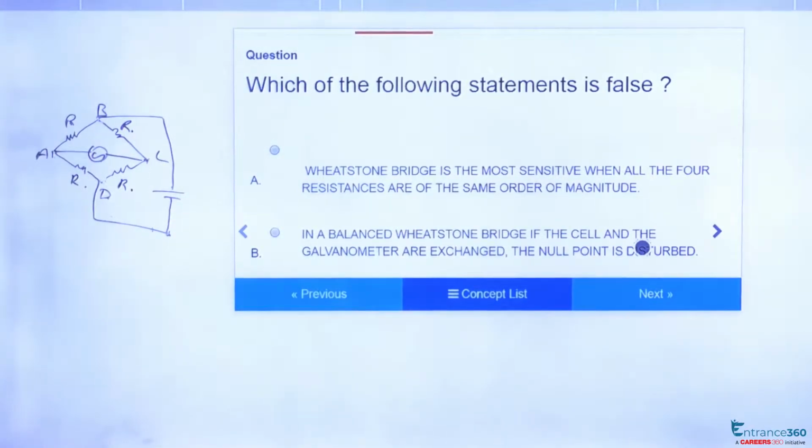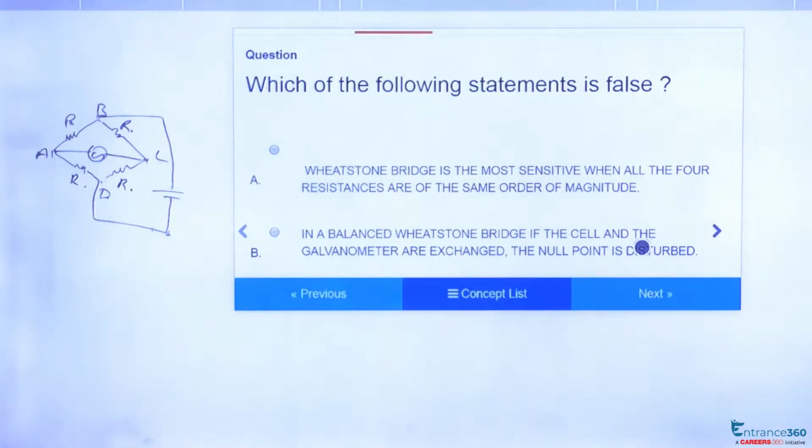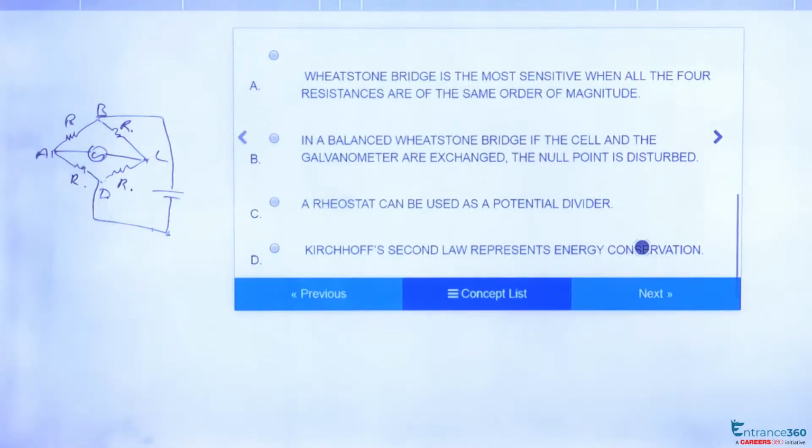So in the second option, it is given that if in a balanced Wheatstone's bridge the cell and galvanometer are exchanged, the null point is disturbed. The null point will not be disturbed. So this is our right option. B is false. Let's check the other two.